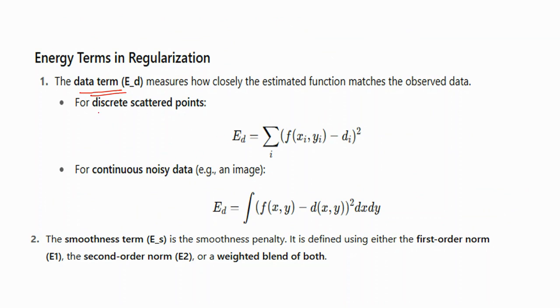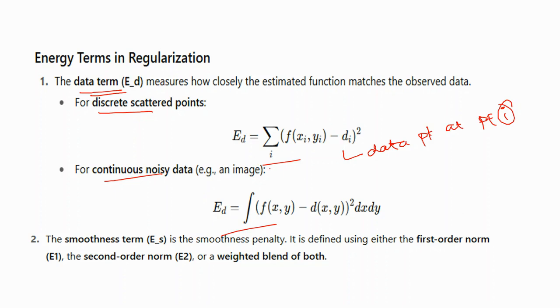For the discrete data term we have a certain formula, and for the continuous data term we have some other formula. In case of the discrete data term, we take the summation over a particular point i of f of x comma y minus d_i, the whole squared, where d_i represents the observed data point at the point i.